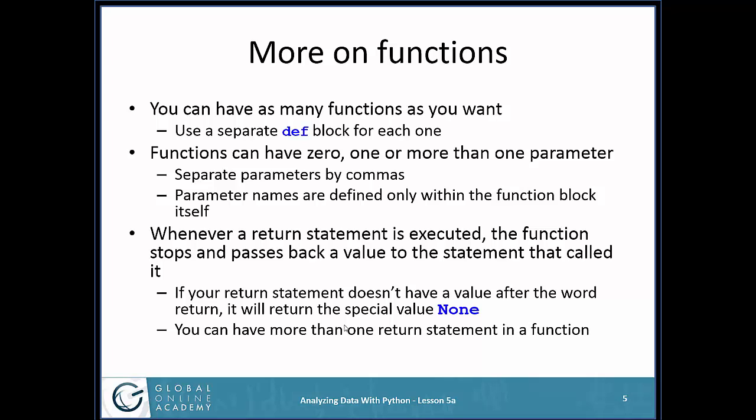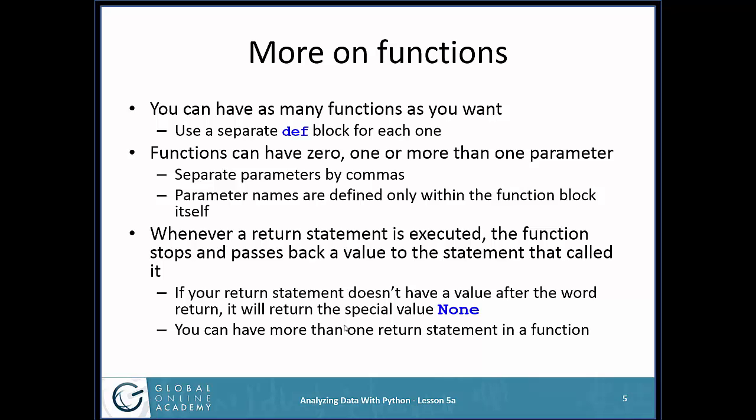If your return statement has a value after it, return a number, return max of this, return a character, then that's the value that gets returned. If your return statement is just the word return and it doesn't pass a value back, then it still returns something. It returns the special value None.